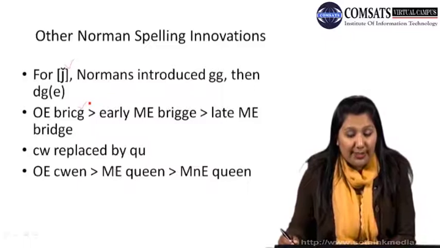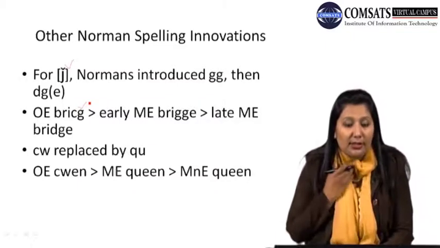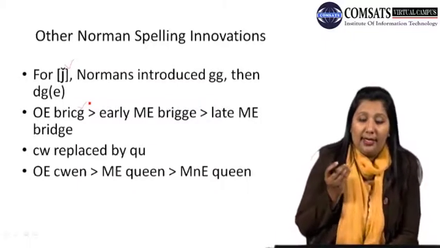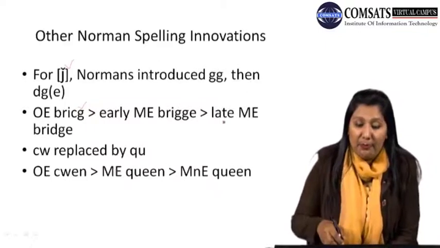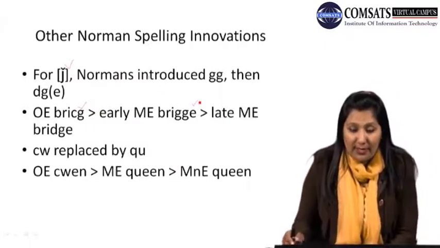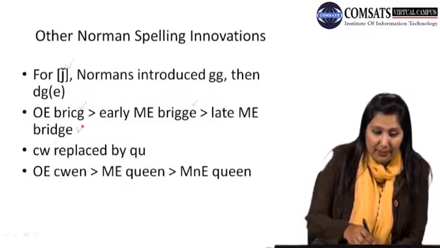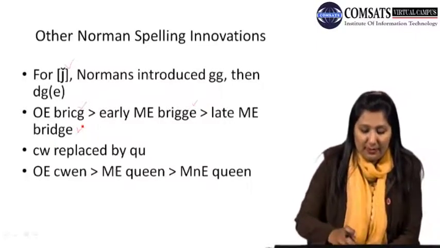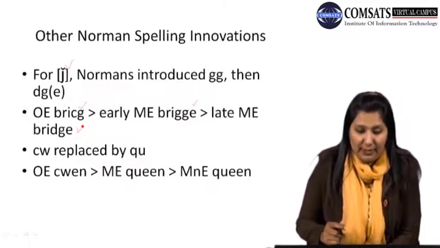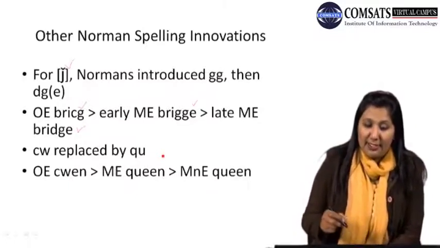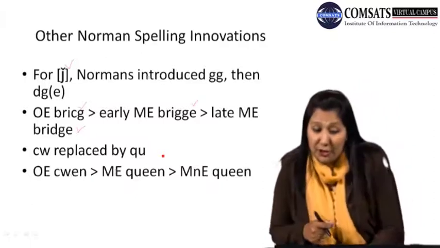Towards the end we see the g with a j sound, brycg. Then in Middle English it became brigge, again with the e silent. Later in the Middle English period it became bridge.